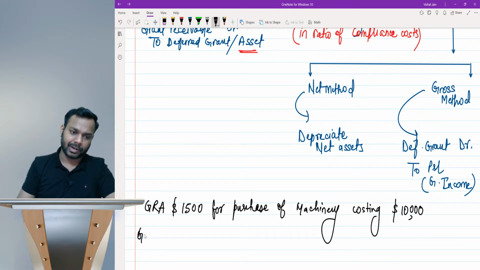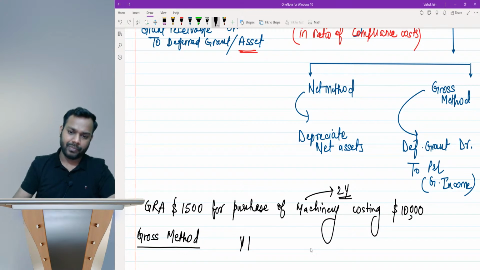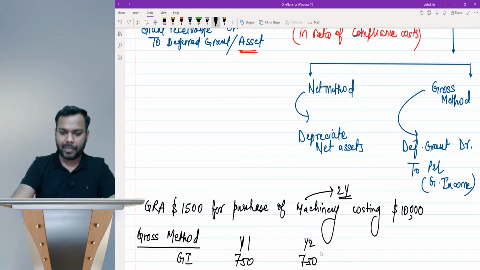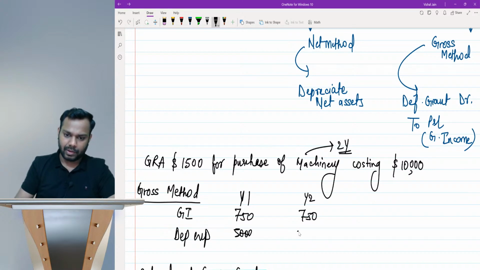First I will discuss the gross method. Let's suppose the life of the machinery is 2 years. In year 1 and year 2, grant income is 750 and depreciation expense is 5,000. Now what will happen in the net method?